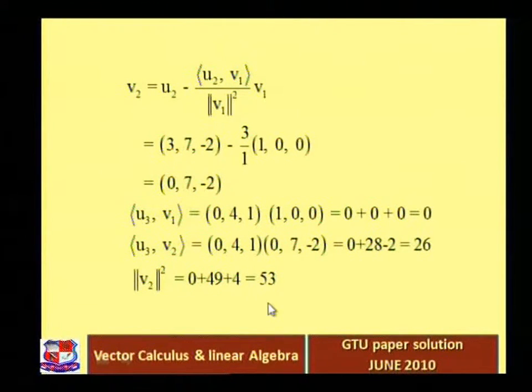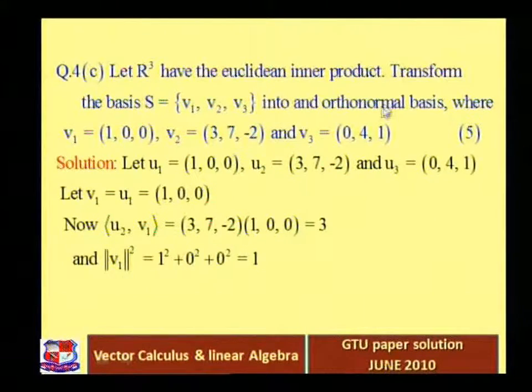Now we also find v3, and for that we have to find inner product u3 v1 and inner product u3 v2. Now what is inner product u3 v1? Say u3 is 0 4 1 and v1 is 1 0 0. So the dot product of these two vectors is 1 into 0, 0 plus 0 into 4, 0 plus 0 into 1, 0.